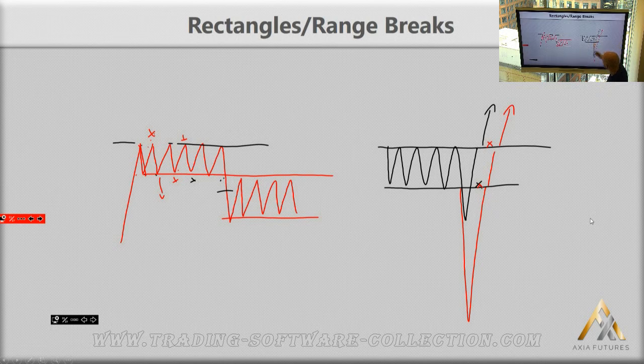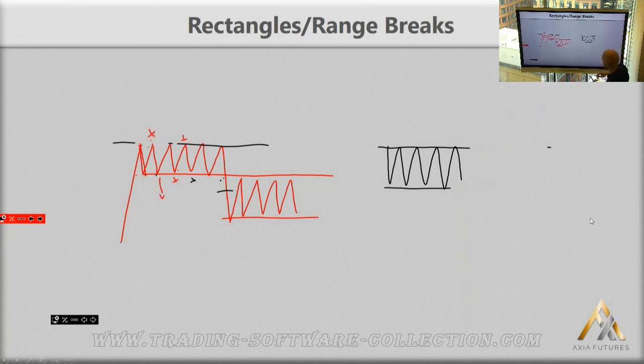I think the best setups for a range are one, the dip and back through, or you get the break, retest and go again. That's the other nice setup for these range type breaks.